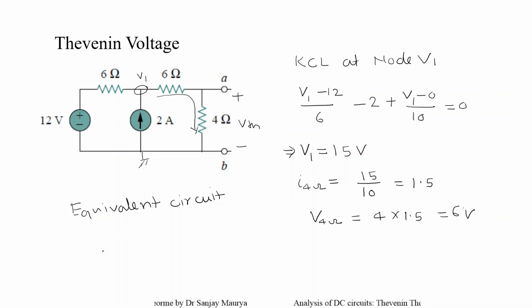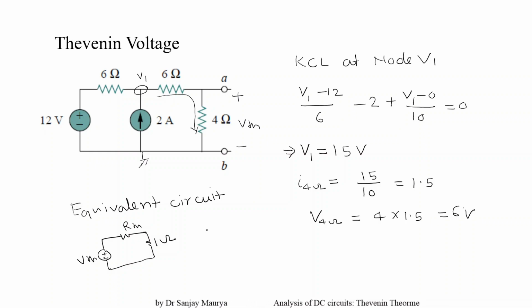This will be VTH and RTH. And now I'm going to connect 1 ohm resistance. In this one I need to calculate the current.